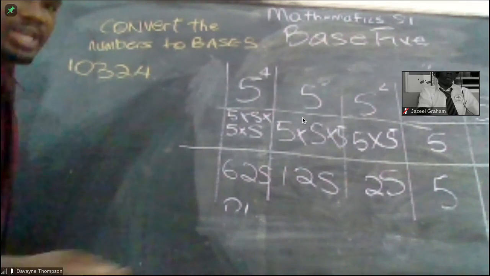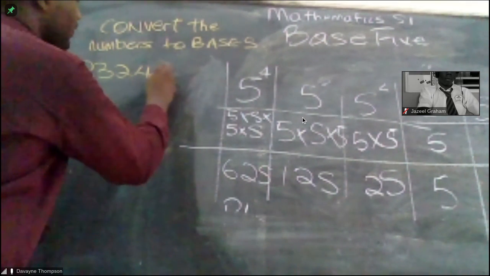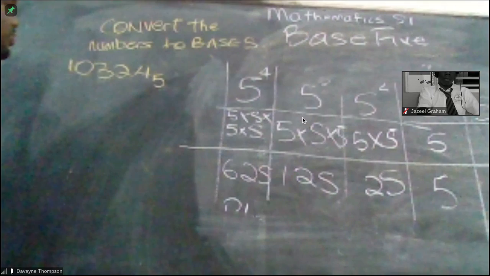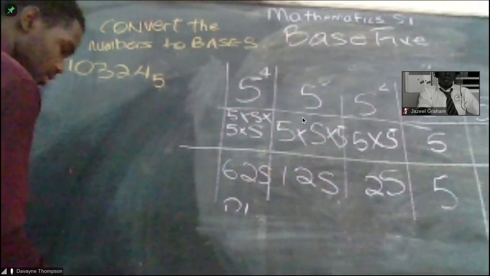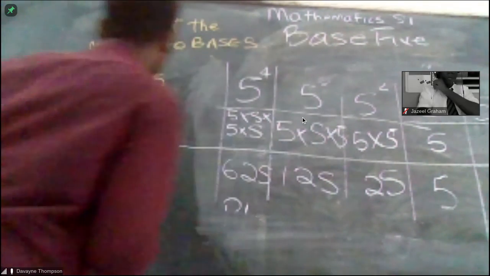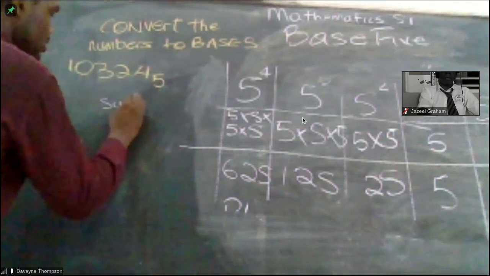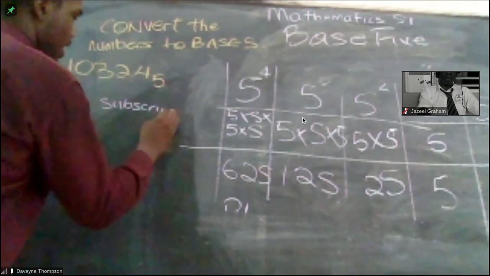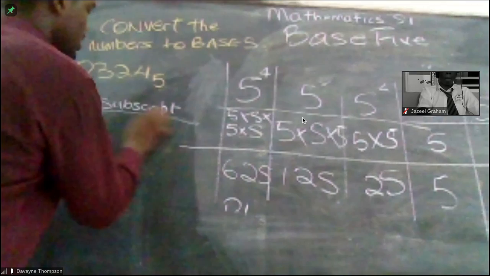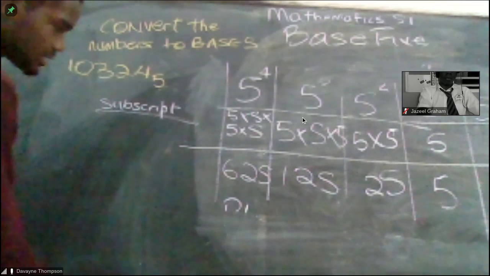And what do we do to express base 5? We put a 5 in its subscript. We call this the subscript. We spell subscript as S-U-B-S-C-R-I-P-T. This value that's below is called the subscript.